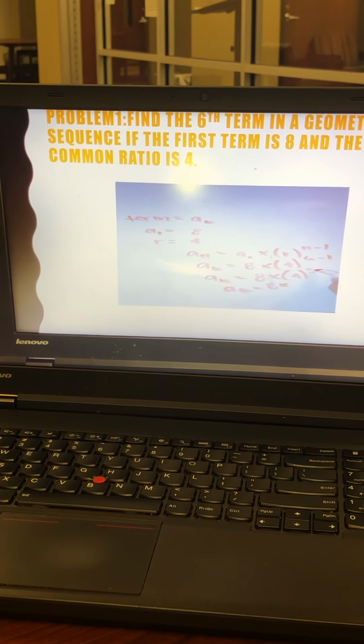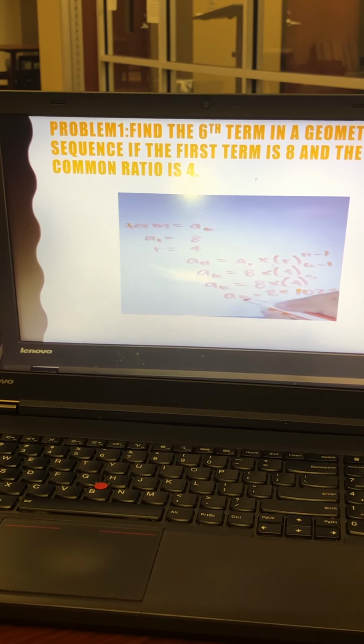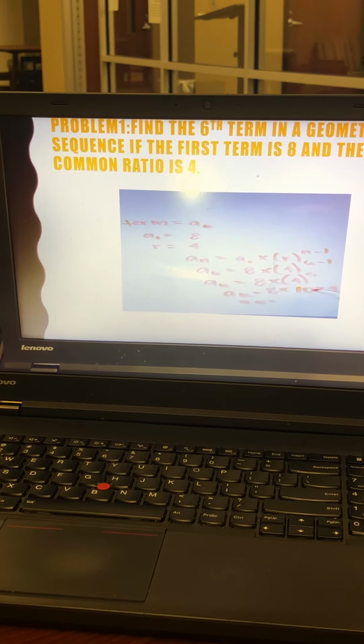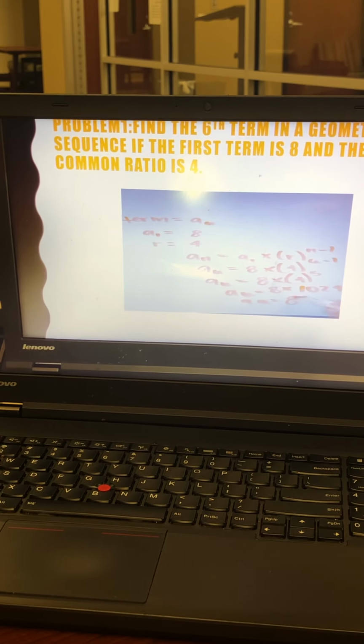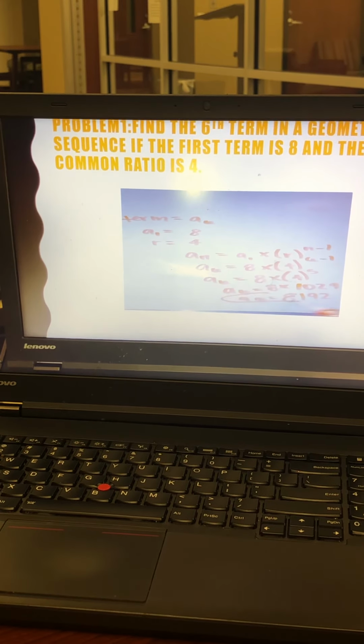So 4 raised to the 5th power is 1024. 8 times 1024 gives us 8,192, and that is our sixth term.